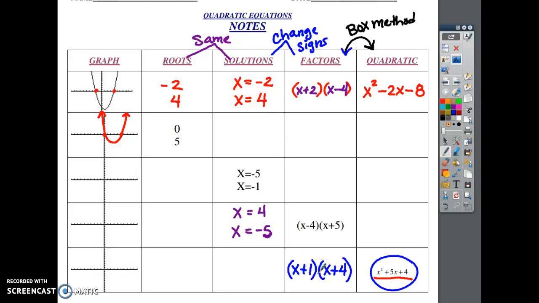And if you're going backwards, the same thing. If you're going from factors to solutions, change the sign. But all of these should have x equals. Okay. And then if you're going from factors to quadratics, do the box method. Same thing if you're going from a quadratic to factors, do the box method backwards.